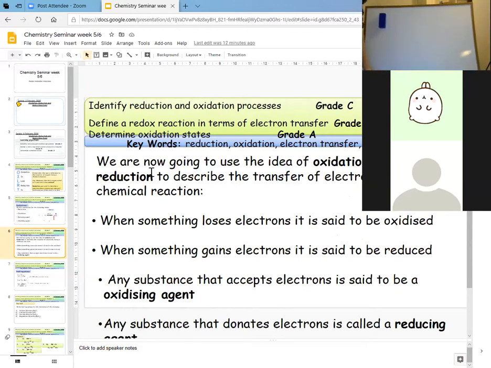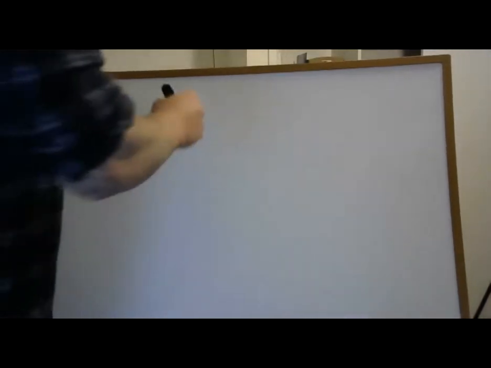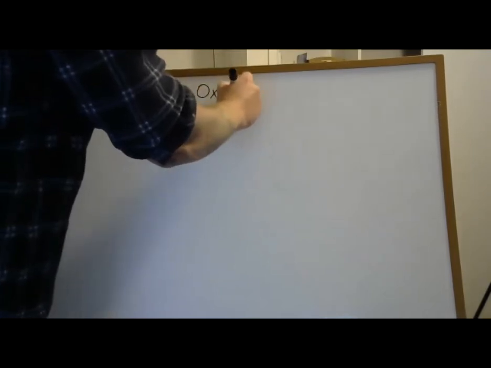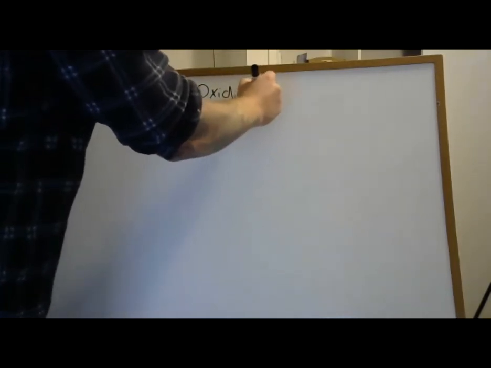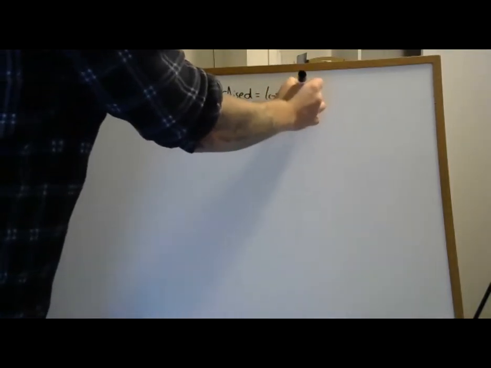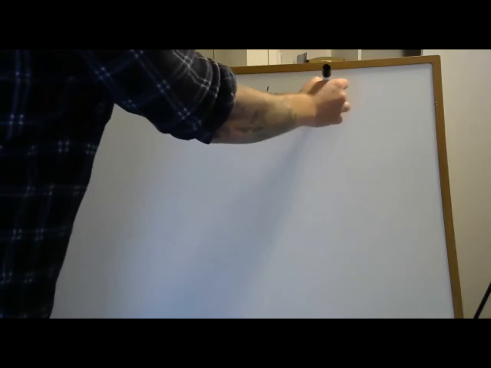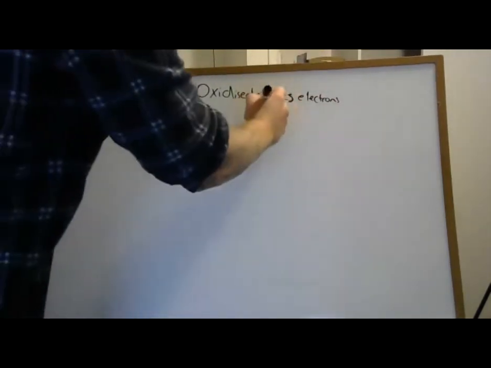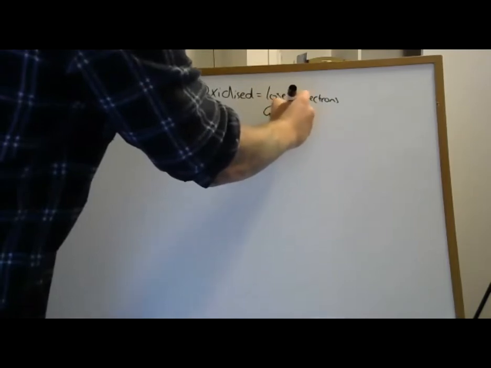This will be the answer that you need, preferably in your own words. So, oxidizing agent. So something is oxidized, it loses electrons. Or another way to put that, it gains positive charge.